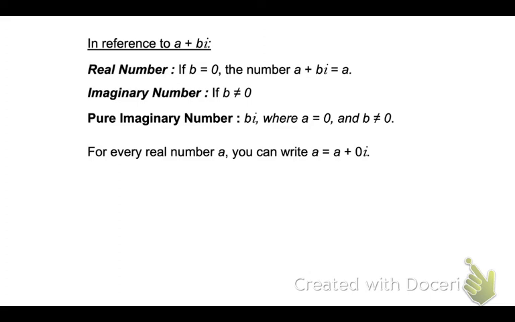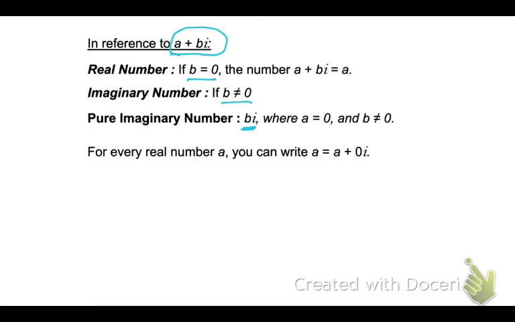Okay, in reference, this is just saying that in A plus BI, for a real number, B would be 0. It'd just be A. For an imaginary number, B isn't 0. A pure imaginary number is just BI. It has no real part.